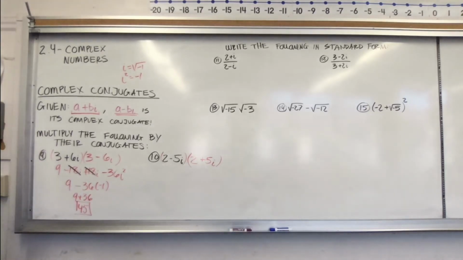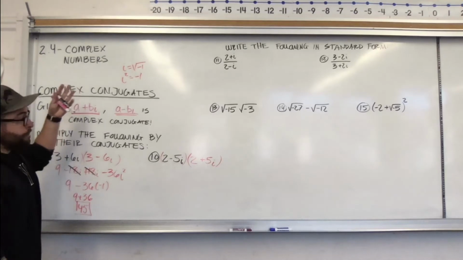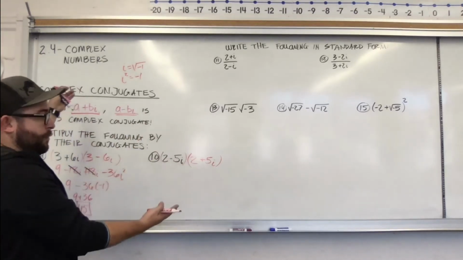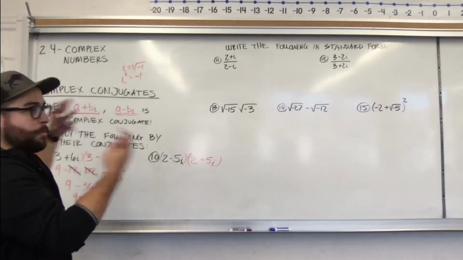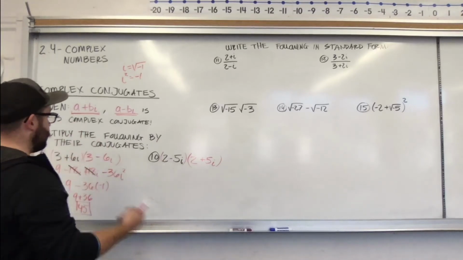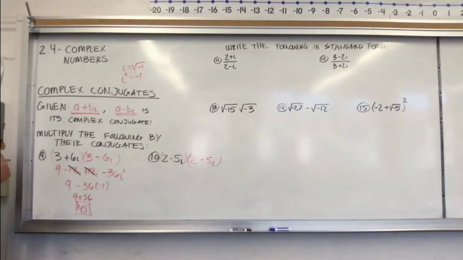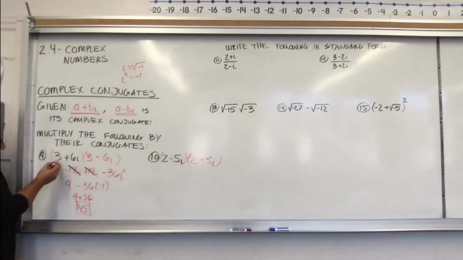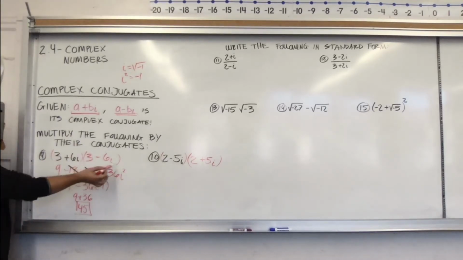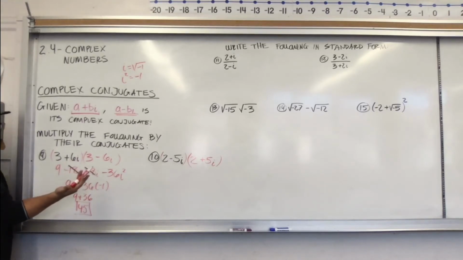45. Now, if you look back to number 7 and look at the other problems we did with multiplication so far, for the most part, we kept having real pieces and imaginary pieces for all those. However, specifically when we multiplied by its conjugate, that's what we did on number 7.